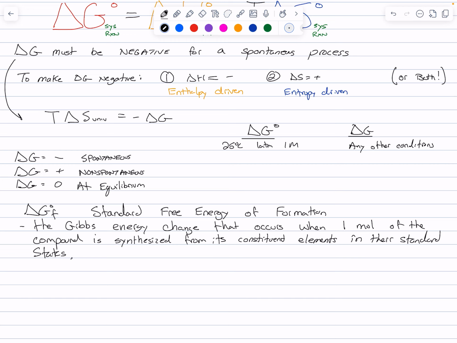All right. Now, just like delta H, elements in their standard state, right, have delta G of formation equal to 0.